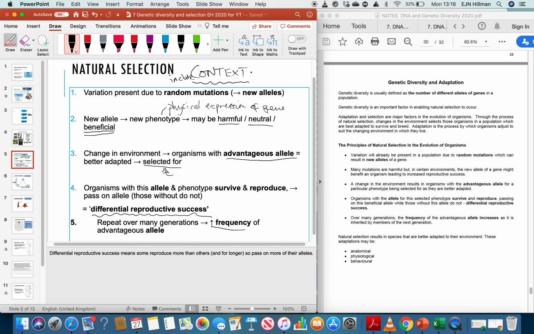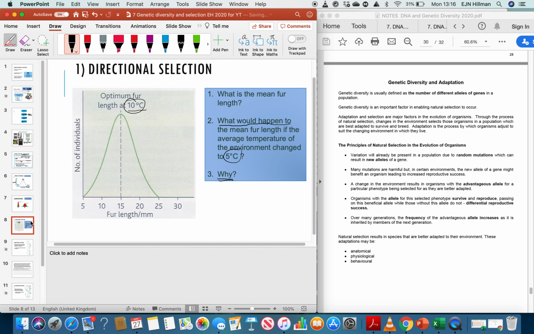Now it's important here that we include this idea of context. The context here is the allele which codes for longer fur. So these individuals to the right of the mean with the longer fur possess alleles which provide them with the phenotypes to give them longer fur. So they have the advantageous alleles.